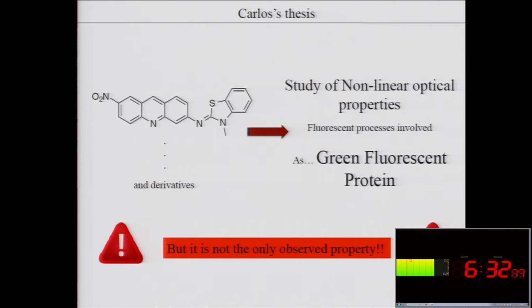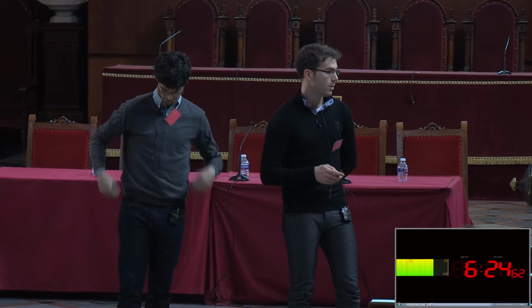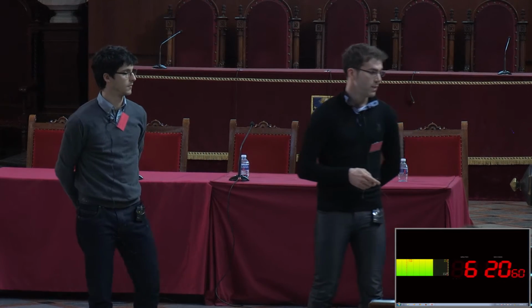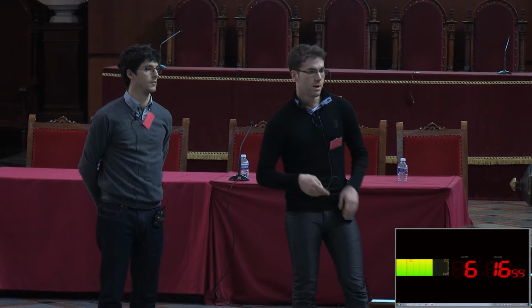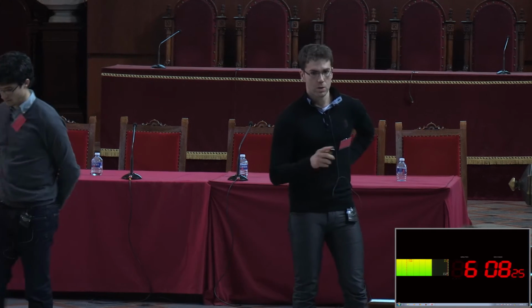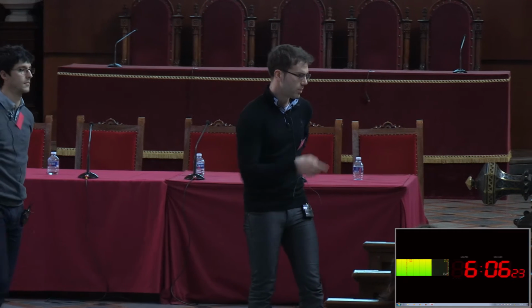Well, at the beginning of my thesis, I was studying nonlinear optical properties of a new kind of molecules based on two heterocycles joined by a nitrogen that shows fluorescence, curiously like green fluorescent protein. But during my PhD, we realized that it is not the only observed property. And this talk is going to be about this new property.